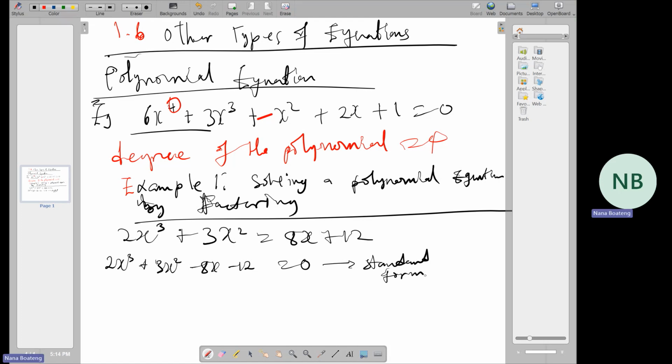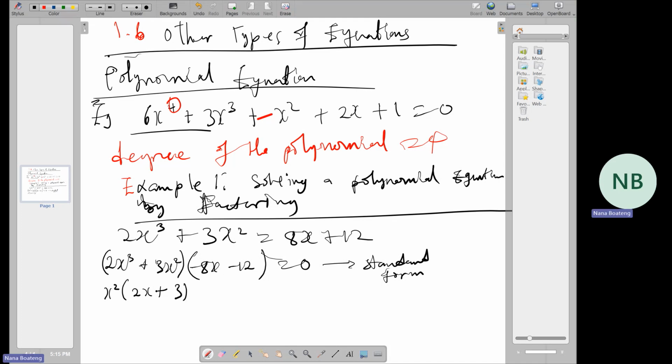All right, so if we look at this standard form, we can see that for the first two terms, 2x cubed plus 3x squared, we can factor x squared out of them. This x squared out of 2x cubed leaves 2x here, and for the 3x squared, it leaves 3 here.